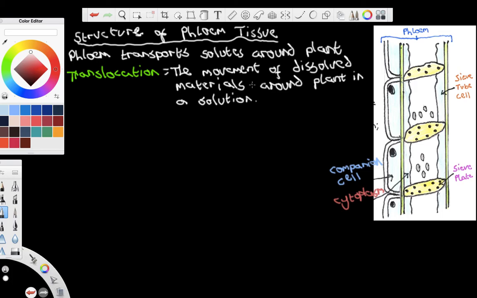Okay, so translocation happens in the phloem. So we're moving these dissolved substances.